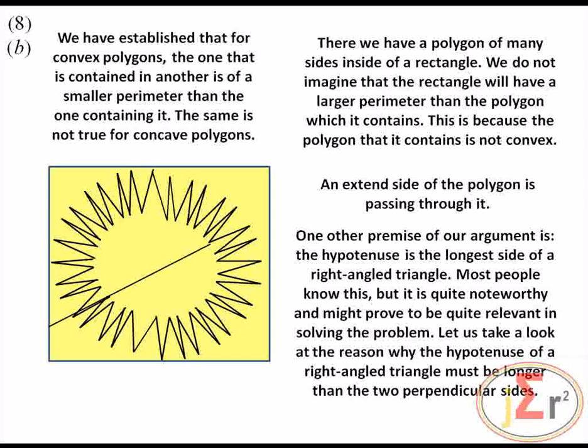One other premise of our argument is that the hypotenuse is the longest side of a right-angled triangle. Most people know this, but it is quite noteworthy and might prove to be quite relevant in solving the problem. Let us take a look at the reason why the hypotenuse of a right-angled triangle must be the longest side. Therefore, it must be longer than the other two perpendicular sides.